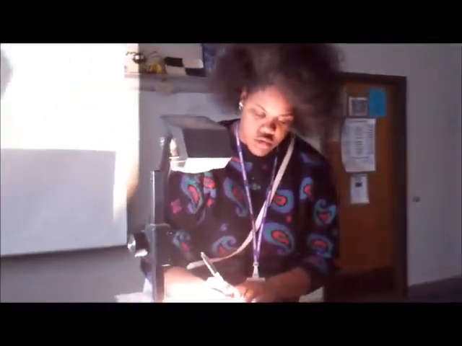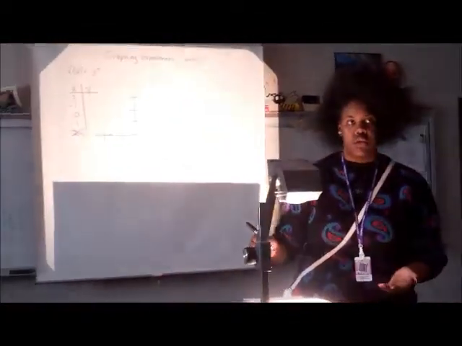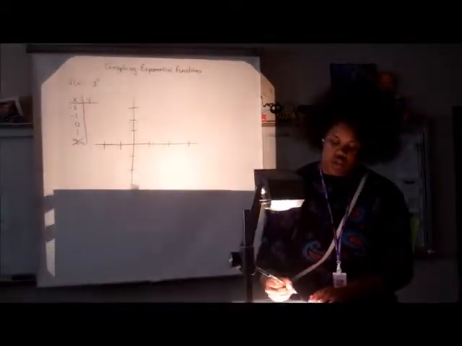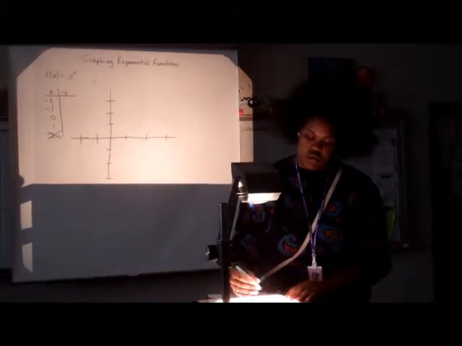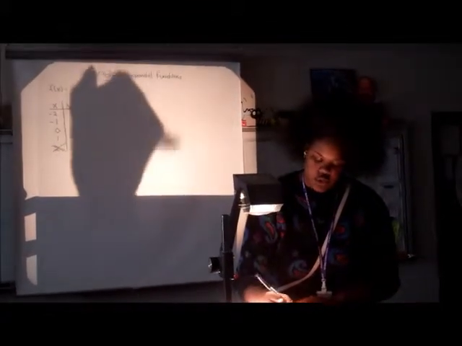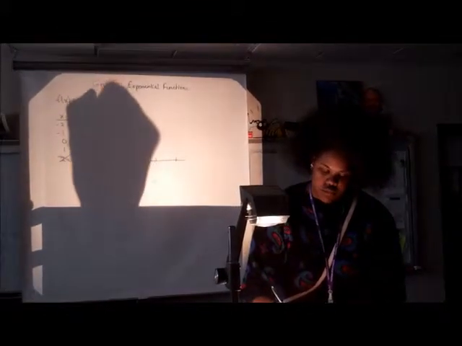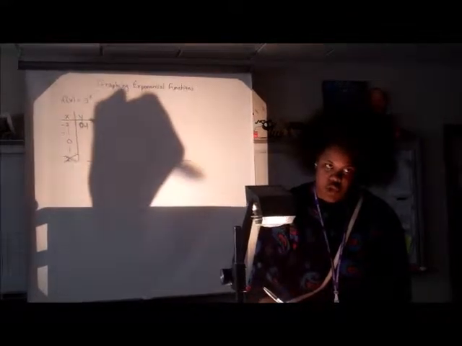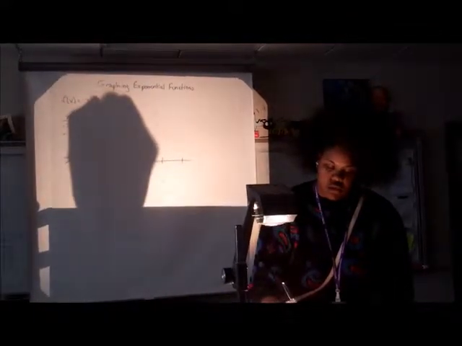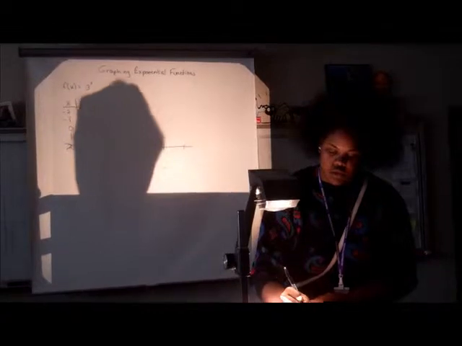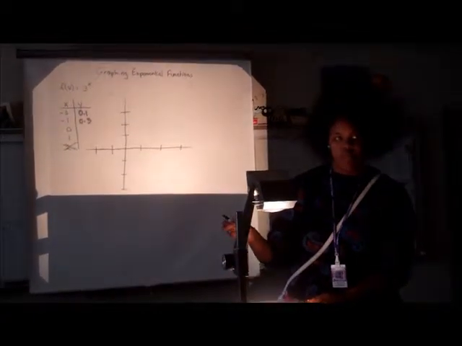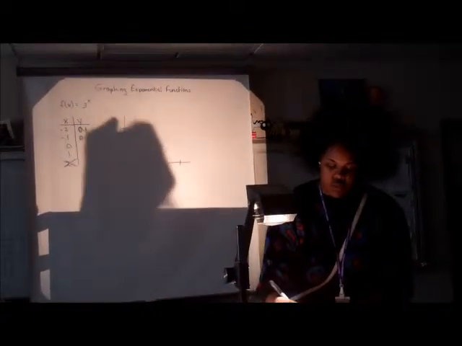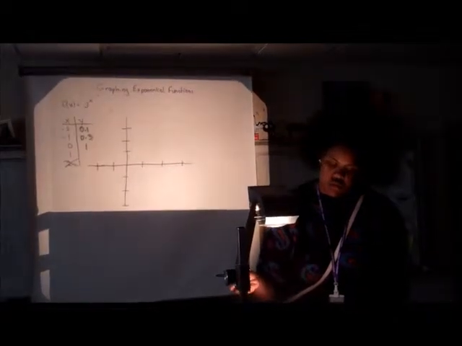Decimals are easier to graph. So we have 0.1. The next one is 0.3. Then when x is 0, it's 1, and when x is 1, it's 3.